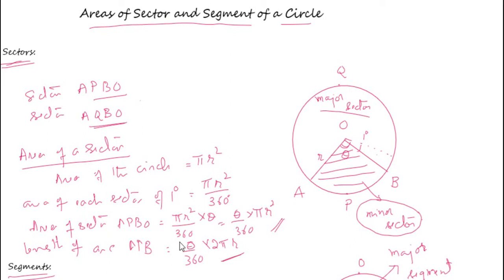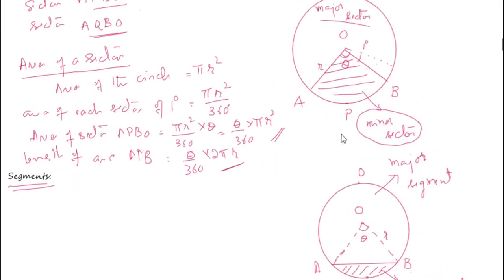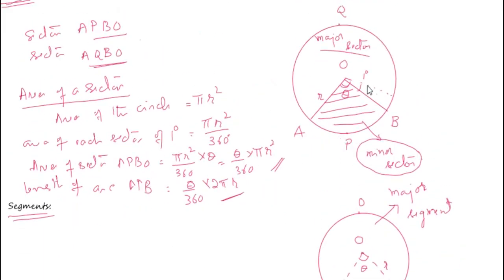This is how you calculate the length of the arc given the angle between the two radii. Same way you can calculate the area of the major sector and also the arc length of the major sector. If this is theta, this angle is 360 minus theta.